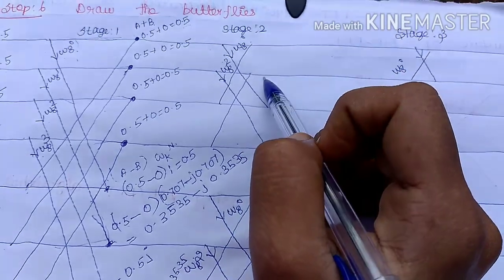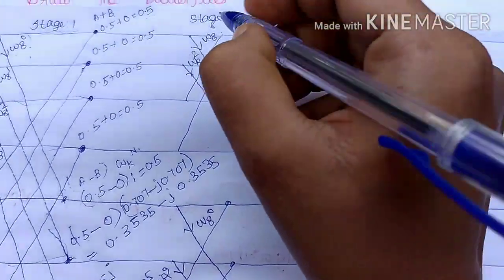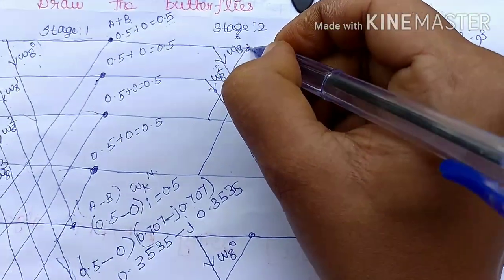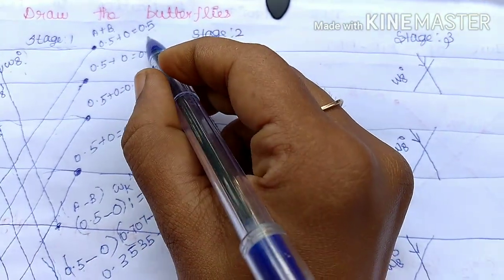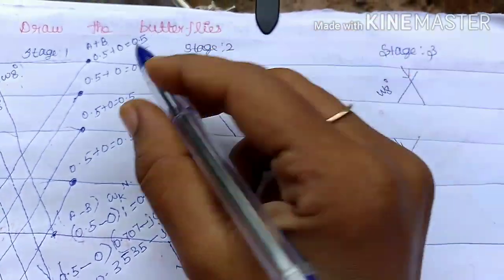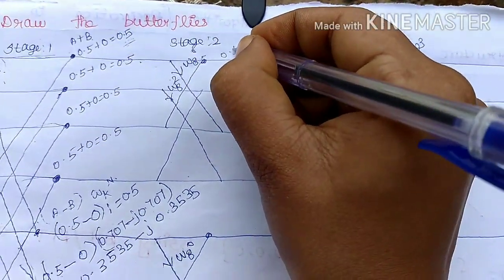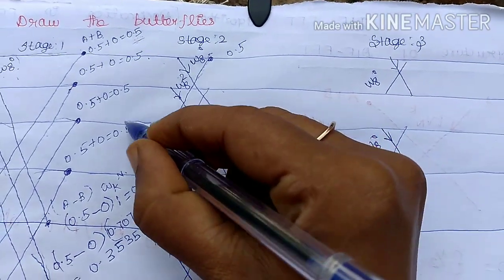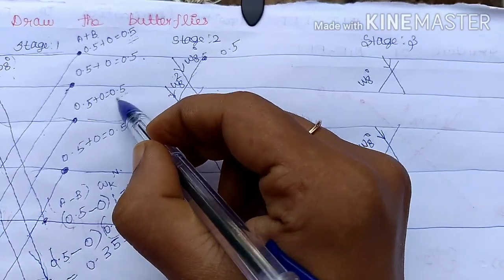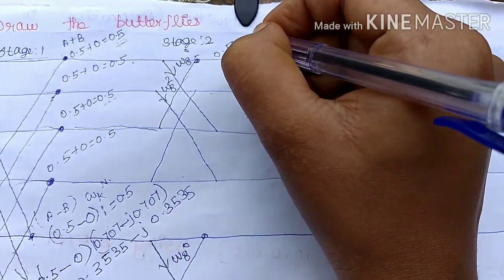Okay, so for calculating stage number 2, I am calculating this point. This point contains the input, here the output is 0.5, right? So A value is 0.5. Then another connection of this point is this. This line contains the output 0.5, so plus 0.5.